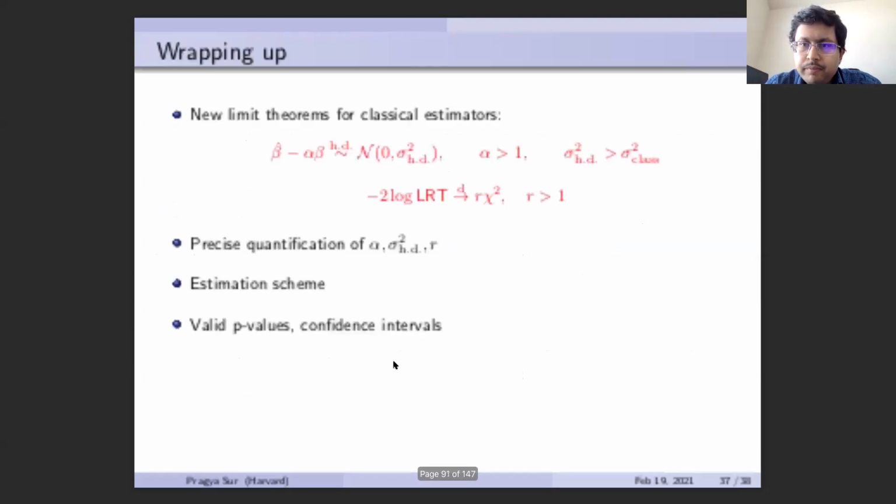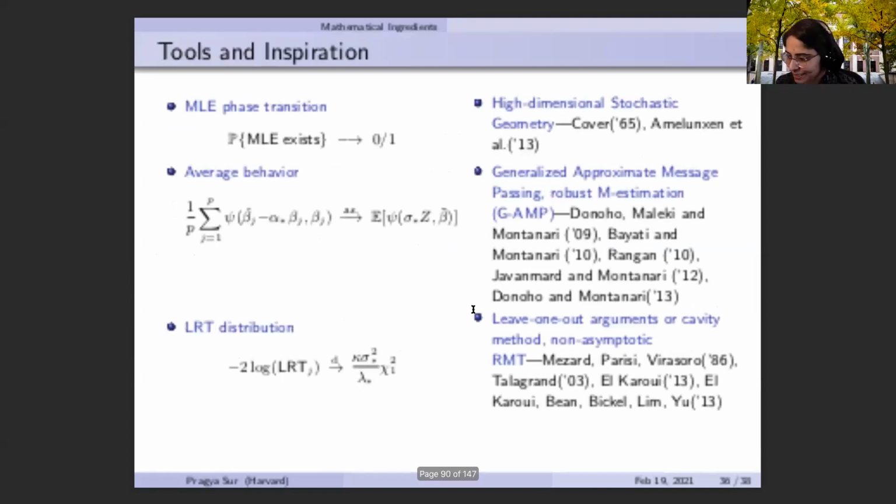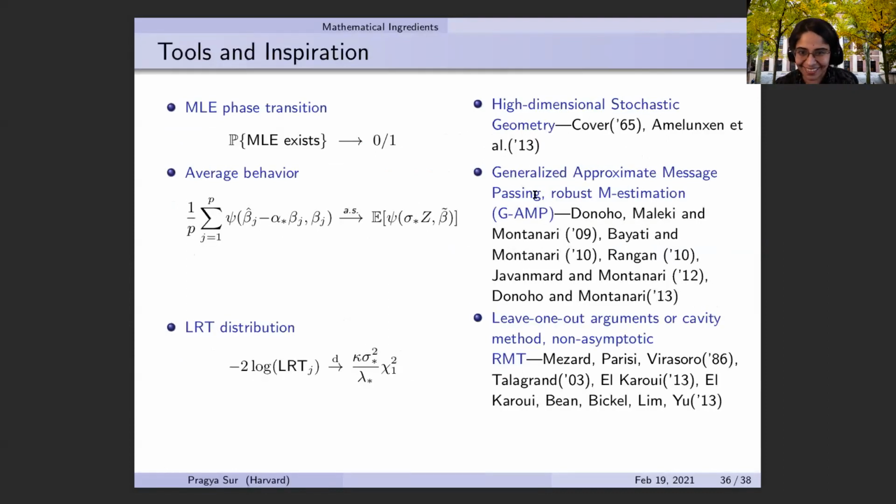Yeah, so maybe I can explain this slide a bit because I didn't have time to go over it. There are two ingredients. In my earlier work, which was just on the IID Gaussian design, what we were able to show is, if you look at the empirical distributions of the MLE centered appropriately, what is the limit for this object? To do that, we were building upon what is known as generalized approximate message passing.